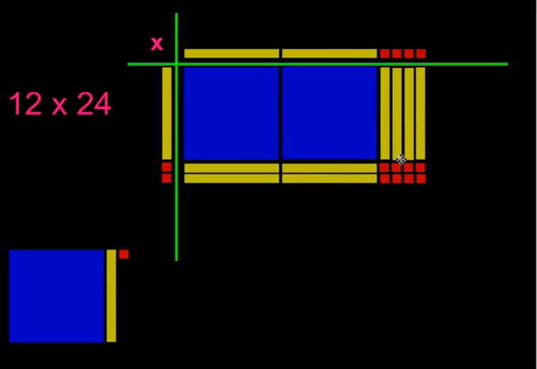So 280, 281, 2, 3, 4, 5, 6, 7, 8. So 12 times 24 is 288, it looks like. All right, let's write that down here, and let's use, what color should we use?